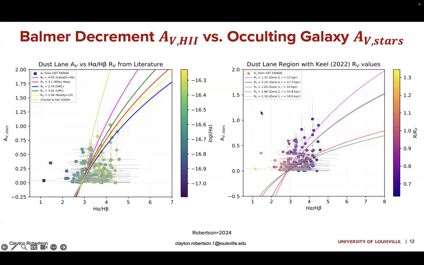These zones are for the spiral arms. What I'll say right now is that zones 1, 2, and 3 are for spiral arms, and zones 4 and 5 are the spaces in between the spiral arms. And so he found those RV values for VV191 itself for each specific spiral arm. And this is what we find.